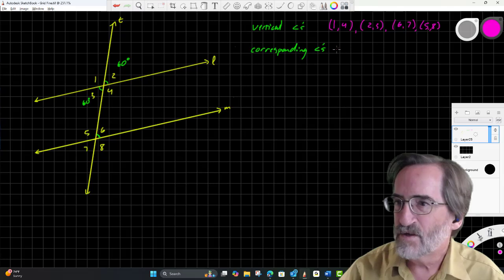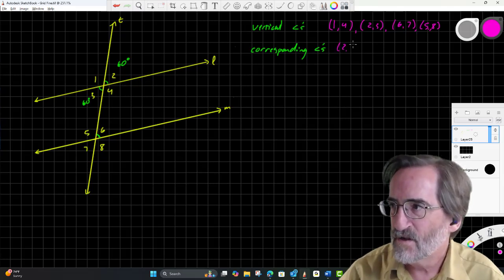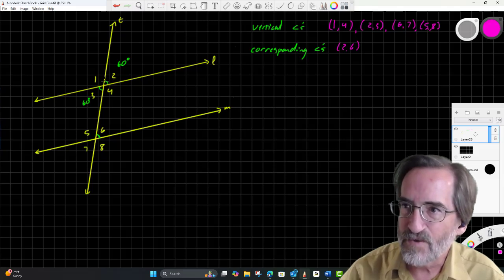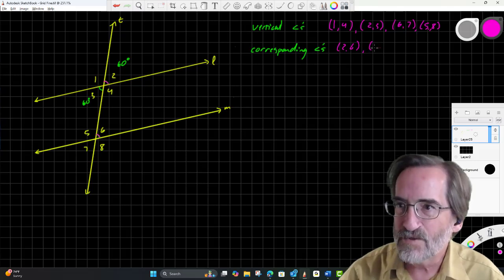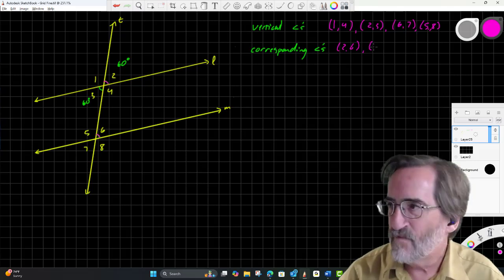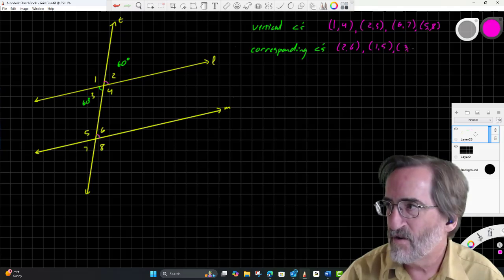Corresponding angles are like angles 2 and 6. So angle 2 is congruent to angle 6 because they're corresponding angles. Angles 1 and 5 are corresponding angles. Angles 3 and 7 are corresponding angles.